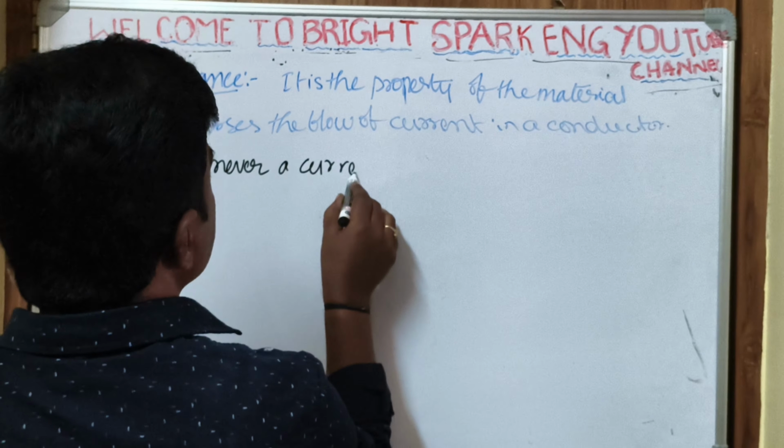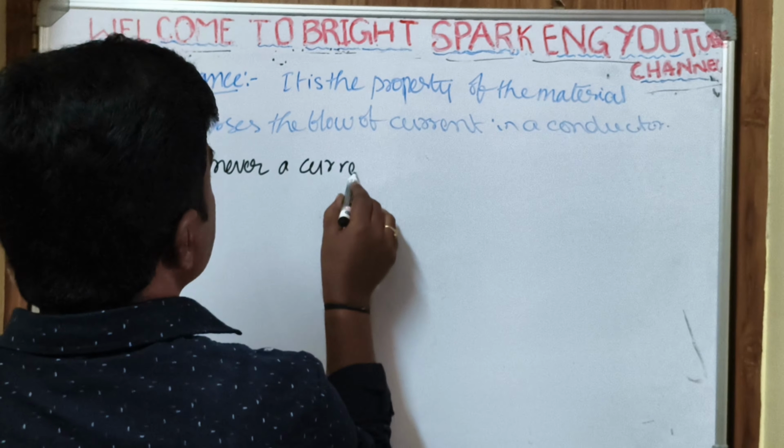This is very important. I is directly proportional to V. Here I is equal to V by R. This is the Ohm's law.